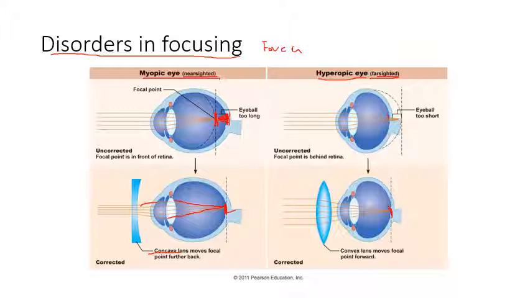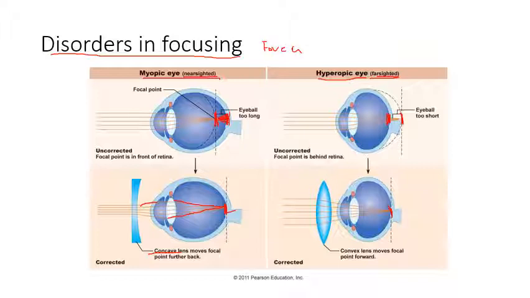Okay, with a hyperopic eye, we got the opposite. Eyeball could be too short or the lens too weak, and what happens is the light doesn't get focused soon enough. The focal point actually falls behind the retina, behind the fovea centralis.